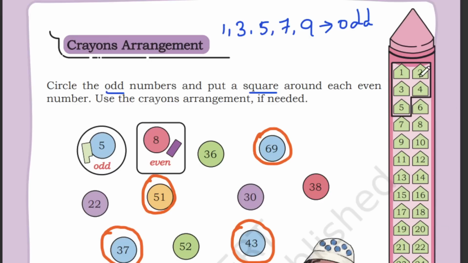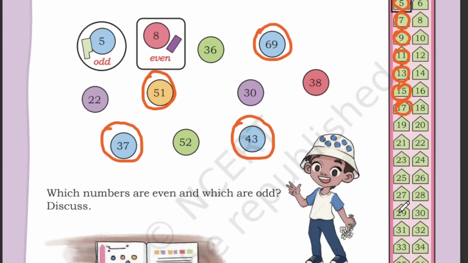Likewise, if you see this big crayon, on the right hand side all numbers are even, and on the left hand side all numbers are odd. So you can circle all the odd numbers here. You can circle them one by one very slowly. If you have a pencil, you can sharpen the pencil, students. So you can circle all the odd numbers.